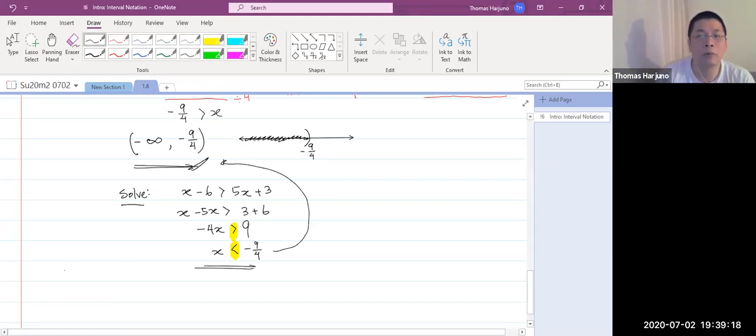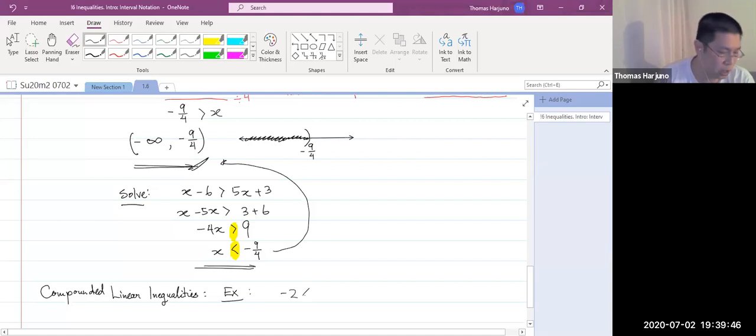Now, how about a compound linear inequality? I keep on saying equation. Let's say, for example, the easy one is the case when you have your x in the middle: -2 less than 4x plus 1 over 3, less than or equal to 0.